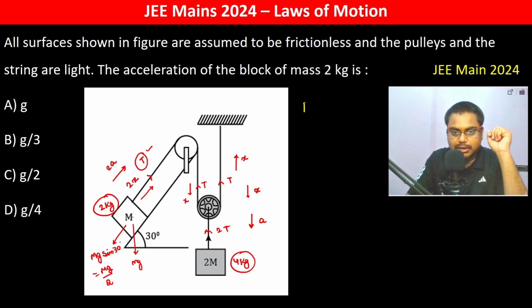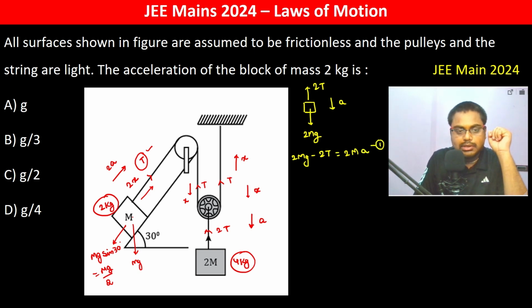So free body diagram of 2m. So this is 2mg, it's 2T and it's going down with acceleration a. So therefore 2mg minus 2T is equal to 2ma. This is first.